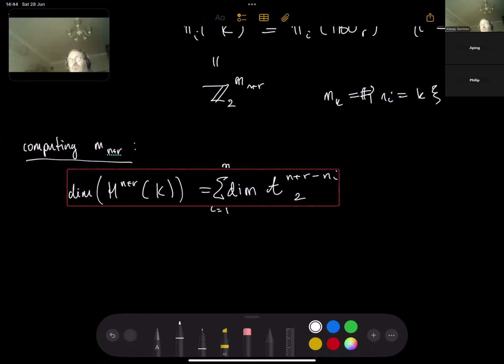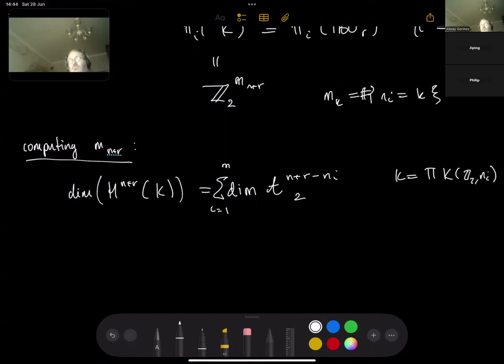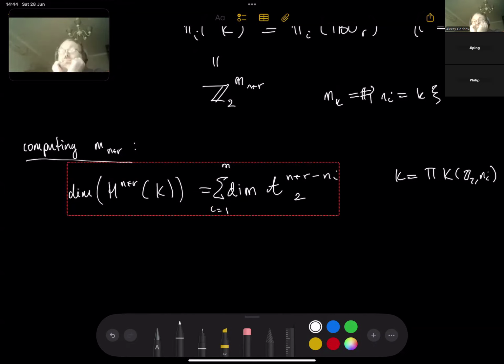Here we just use the fact that K is a product of Eilenberg-MacLane spaces, and for each of these, there's an isomorphism between the Steenrod algebra and the cohomology.